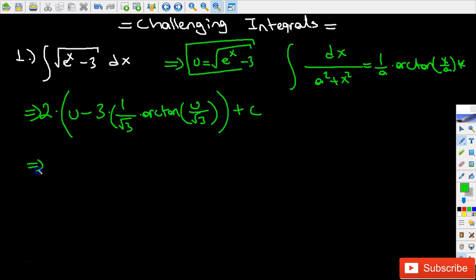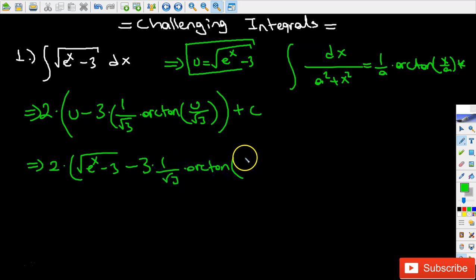So let's do that. 2 times the square root of e to the power of x minus 3, minus 3 times 1 over the square root of 3 times arctangent of the square root of e to the power of x minus 3 divided by the square root of 3, and plus c. So let's put it in the most simplified form.